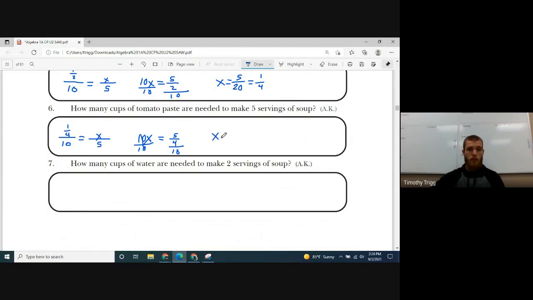X equals, now when you have a fraction divided by another number, you can actually multiply the 4 and the 10 here and make it 5/40. And that'll actually reduce. We could divide both top and bottom by 5, giving us a reduced fraction of 1/8.